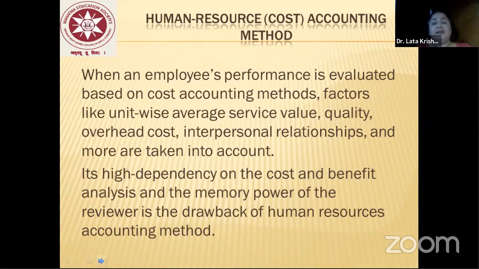It's highly dependent on the cost and benefit analysis, and the memory power of the reviewer is the drawback of human resource accounting. Obviously, this is appraisal performed by human beings, and then the benefits that an employee brings in or the cost that an employee brings in depends on the memory power of the reviewer.